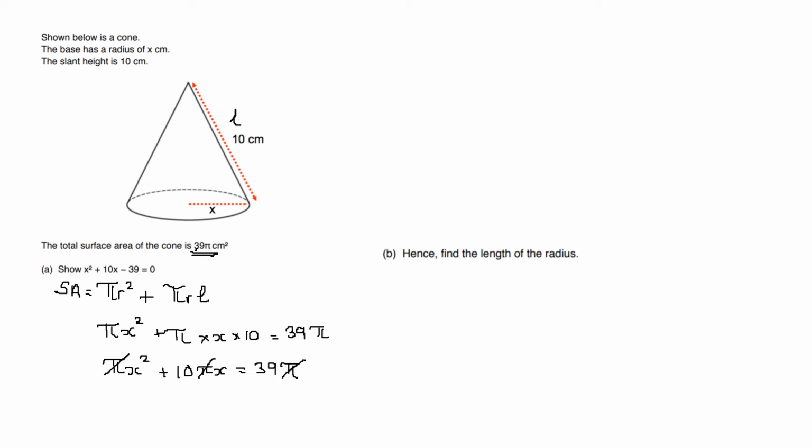We're going to be left with x squared plus 10x equals 39. And then we're going to subtract 39 from both sides, and that will give us x squared plus 10x minus 39 equals 0, and that's what we were looking for.